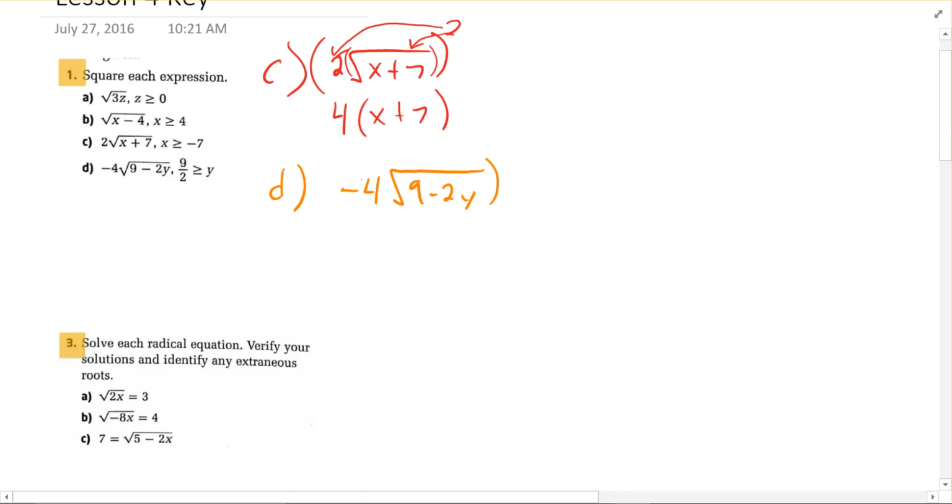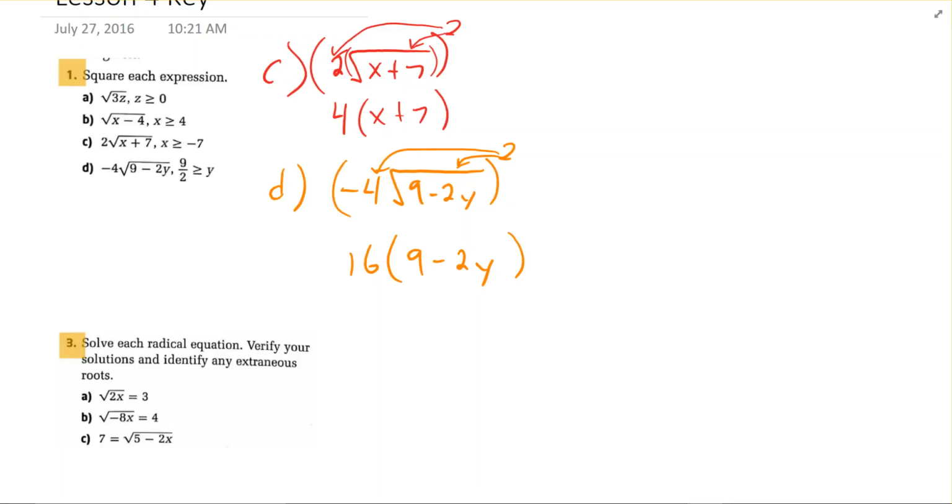Okay, so if we square this though, then we have to square the negative 4, and we have to square the square root of 9 minus 2y. Squaring anything gives you a positive number. So this is going to just be 16, and then times (9 minus 2y). And that's pretty much it.